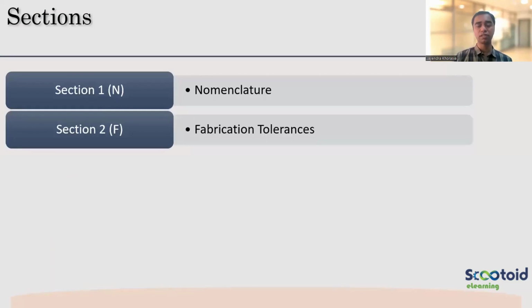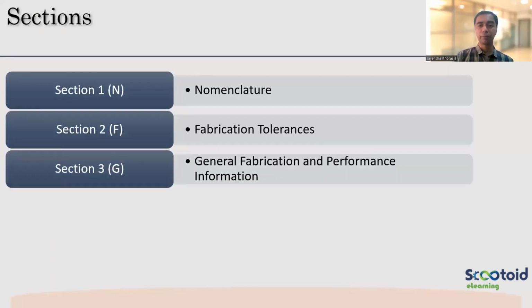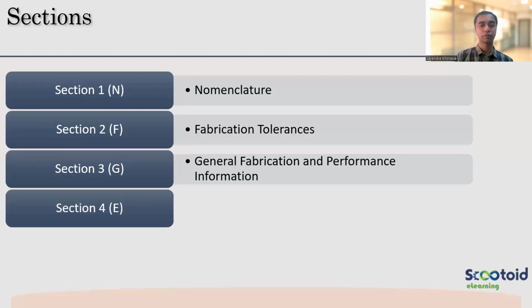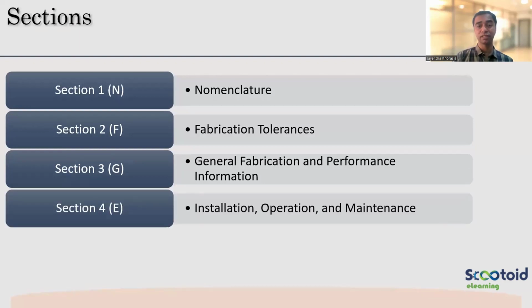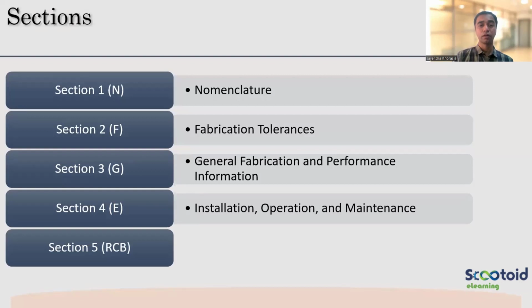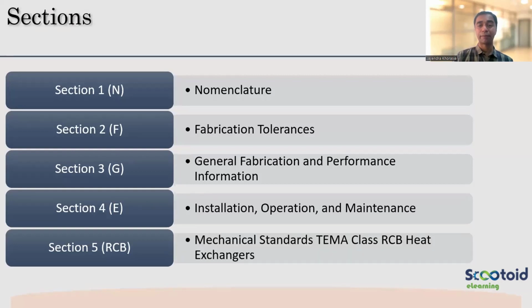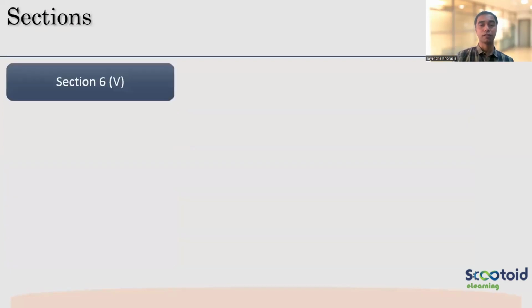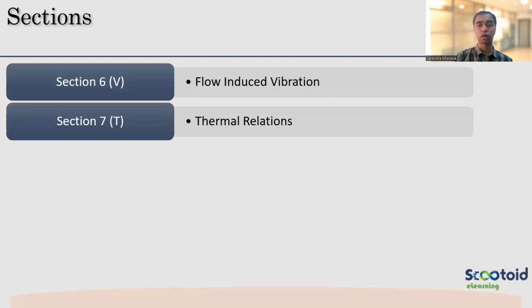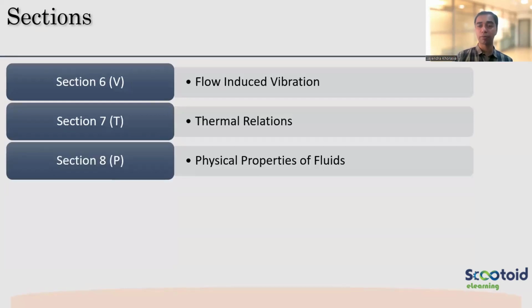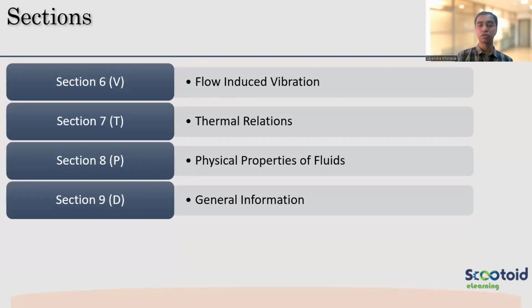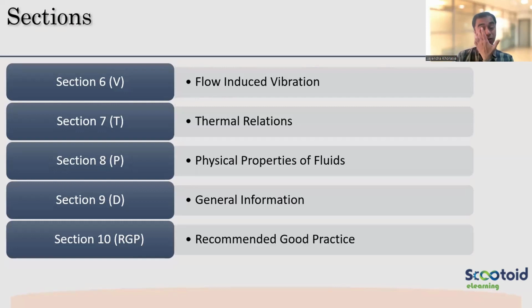Section 2, fabrication tolerances; general fabrication, performance and information; installation, operation, maintenance, very important. Mechanical standards, TEMA class RCB heat exchangers. Section 6 talks about flow induced vibration, 7 about thermal relations, 8 about physical properties of fluids, 9 about general information, 10 about recommended good practices.